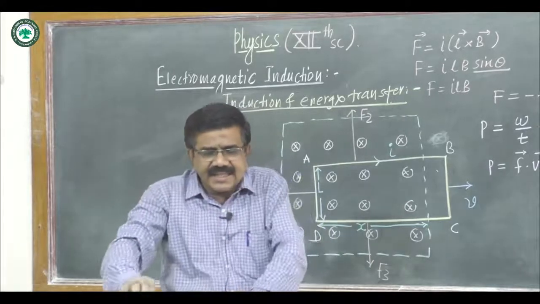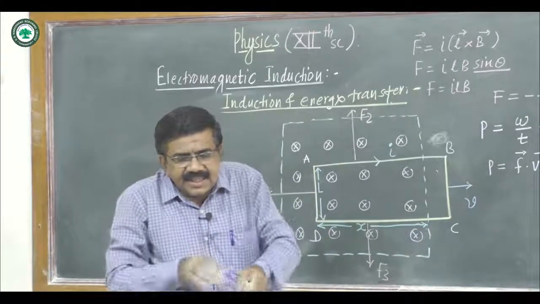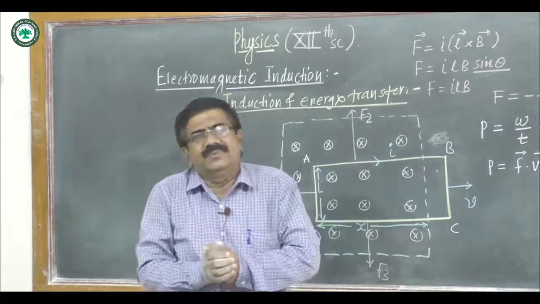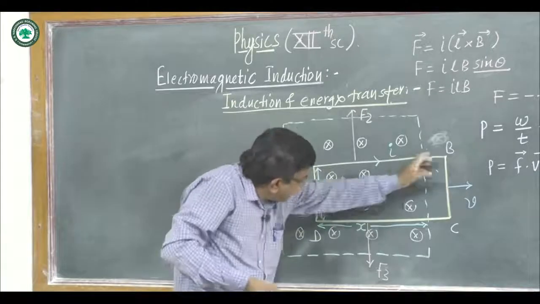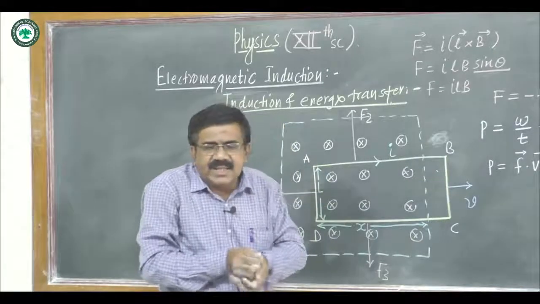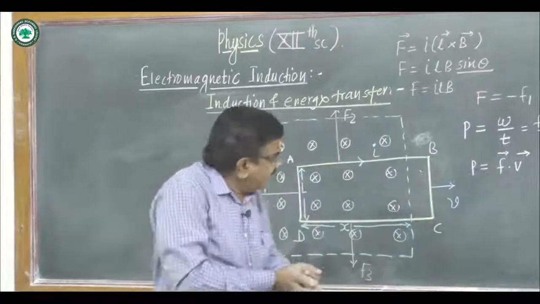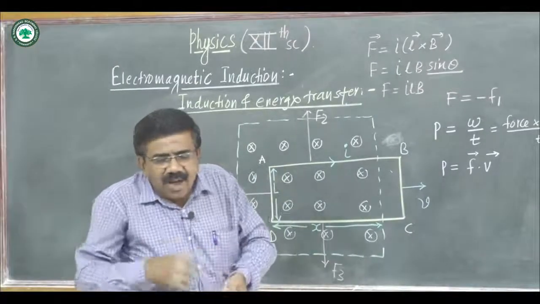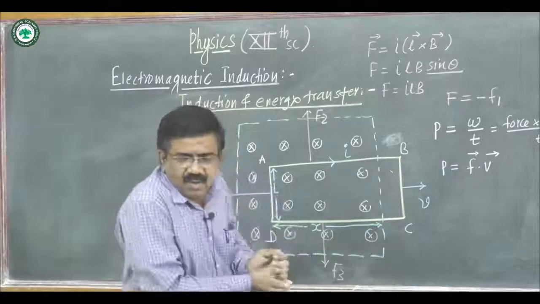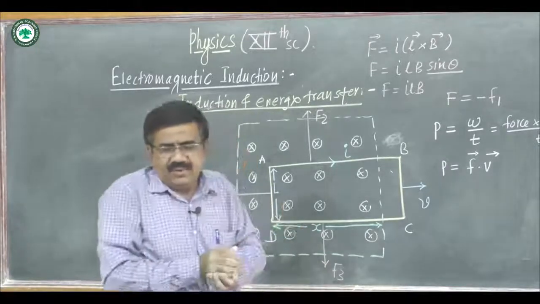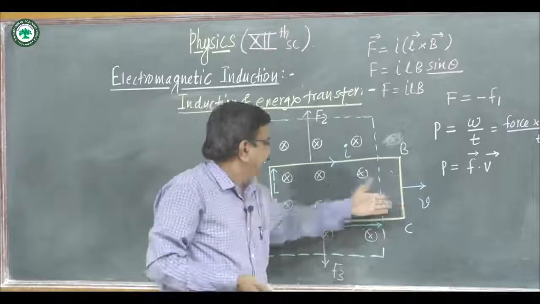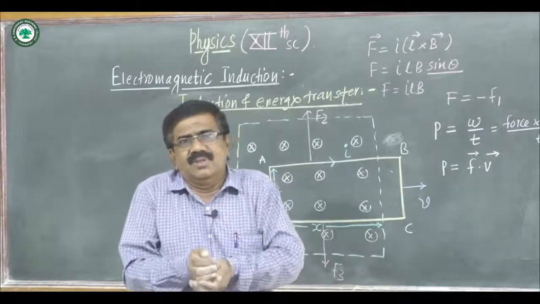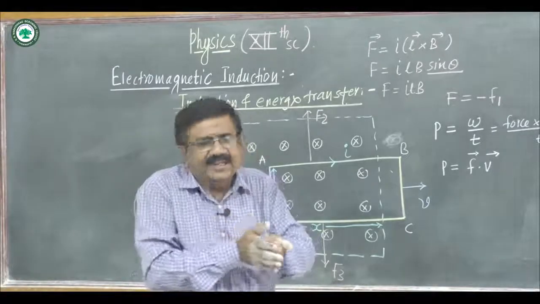As area decreases, it decreases the magnetic flux linked with the loop. Current is induced due to this in the loop, and it gives the force that opposes the loop being pulled away from the magnetic field.